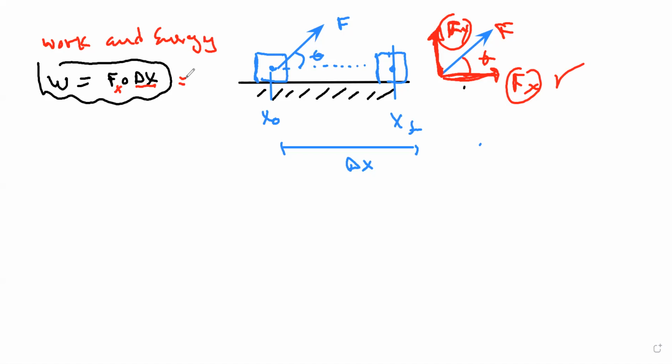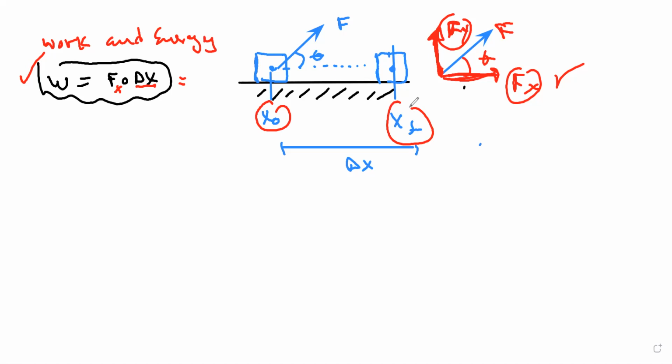That formula, the formula of work, is going to tell you how much energy you have wasted. If you want to know how much energy you wasted in the process of moving that particle from x of naught to x final, you have to use the definition of work.